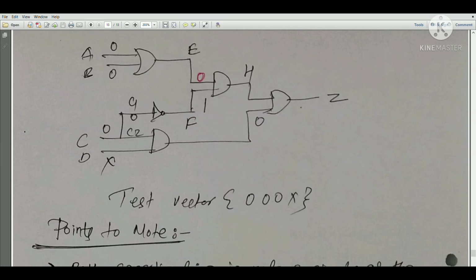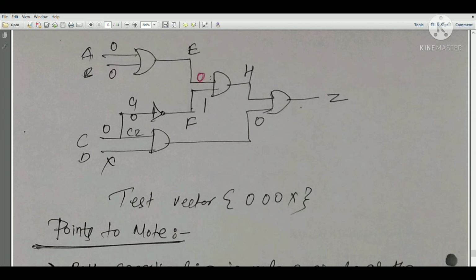And how has this come into existence? Because we have backward traced the logic from output to input. So this is known as the backward tracing. Okay, so we have applied the logic. First we applied the fault logic, then we saw how it can be propagated to Z, and accordingly we set 1 and 0 here, and then we did the backtracing by applying the implications.